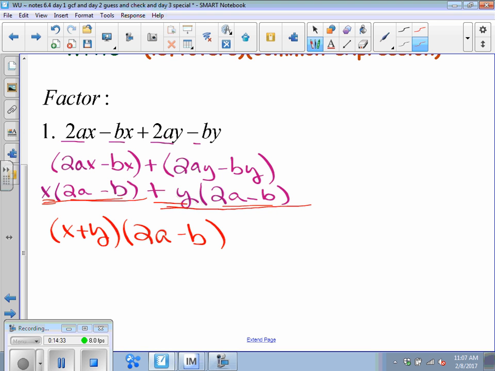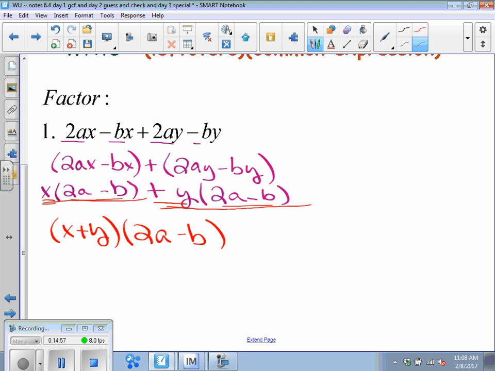My greatest common factor between those 2 terms is that common expression. Because this is a factor and this is a factor, right? So my common factor is 2a minus b. So in this next step, what I'm doing is I'm factoring out that 2a minus b, which leaves me with x plus y.